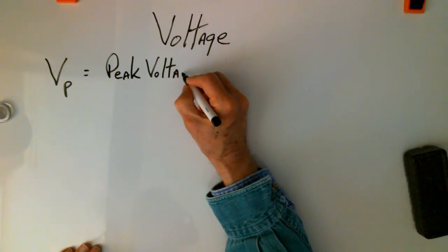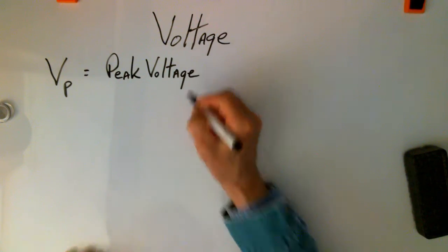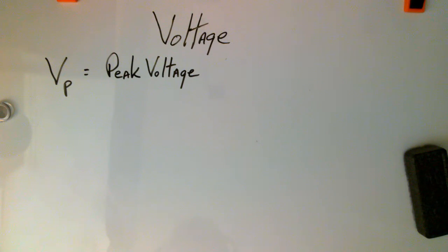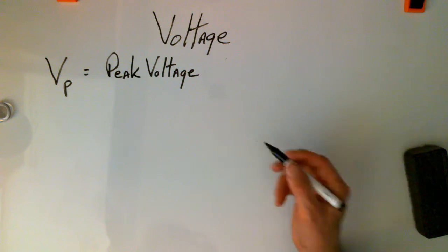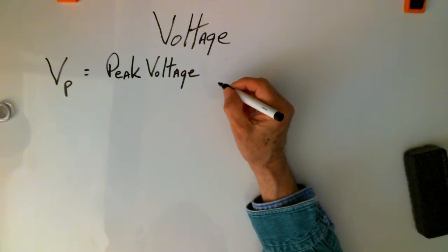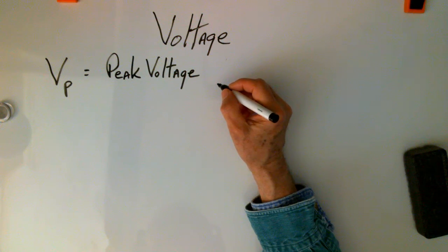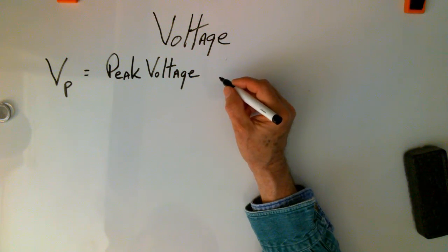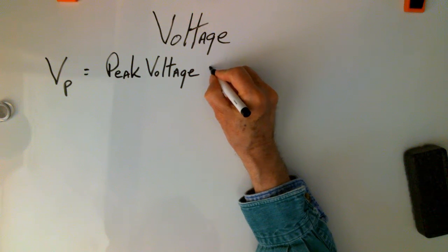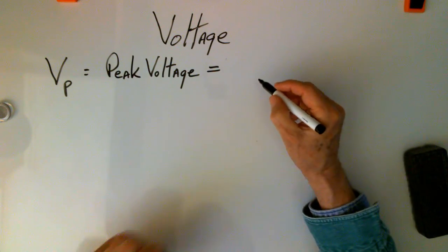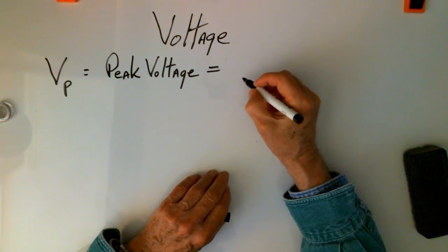What am I going to say next? Let's say that this is equal to the square root of 2 times the RMS value.